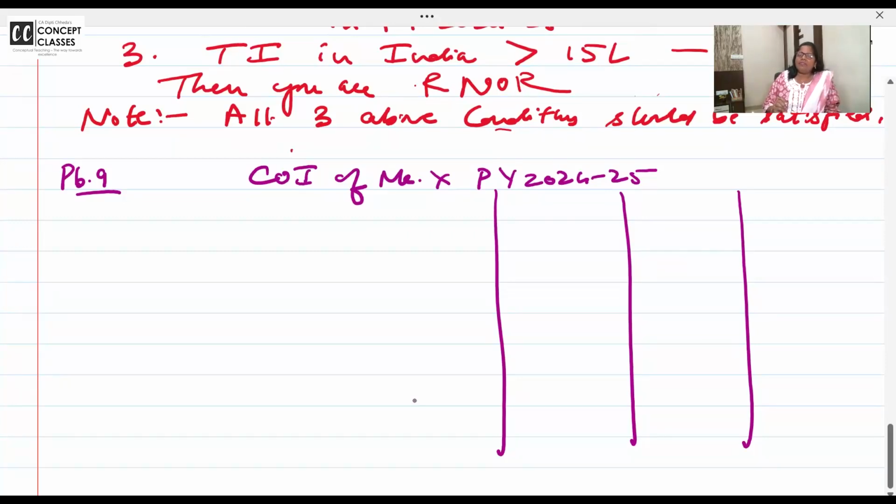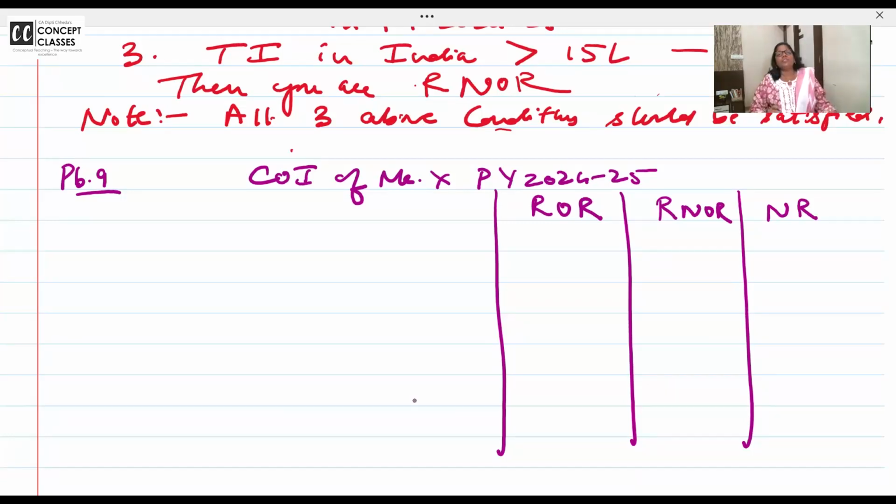So if you feel, ma'am, we want to write the reasoning, then after writing every income, you can write a small reasoning in your language if you need it. First column is as if X is a resident and ordinarily resident. Resident and not ordinarily resident. And non-resident. Come on. Shall we start?